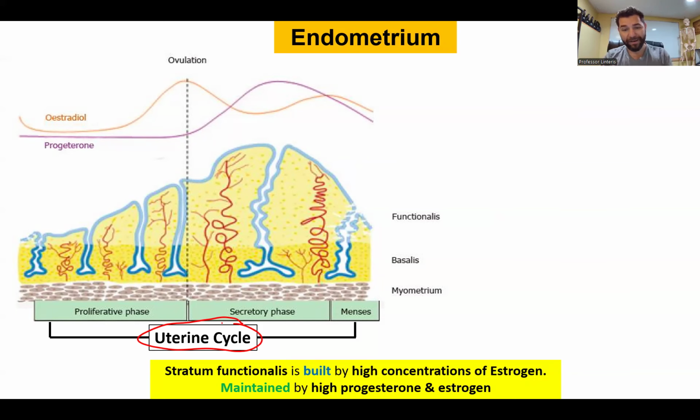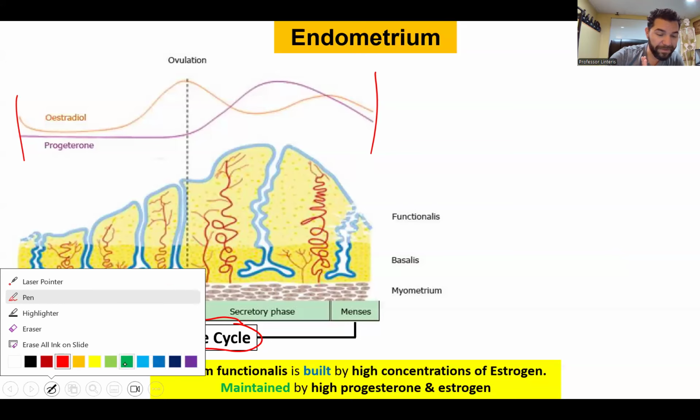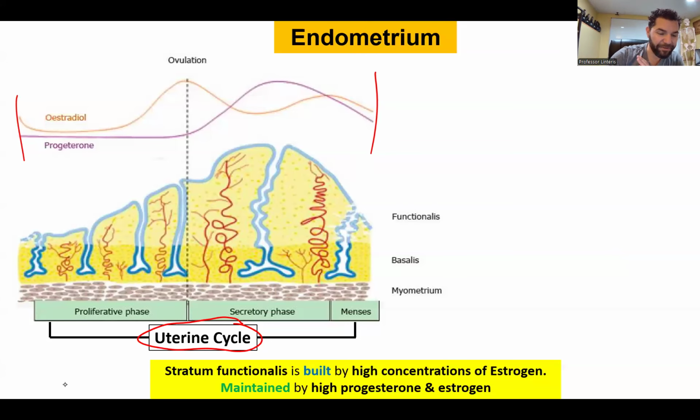So a key thing here, this is your time frame. Most of the time we approximate about 28 days, but you will see every time we go through and talk about some hormones, one of the key factors is which hormone is in the highest concentration.